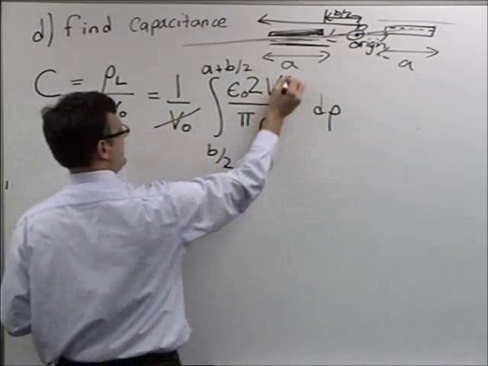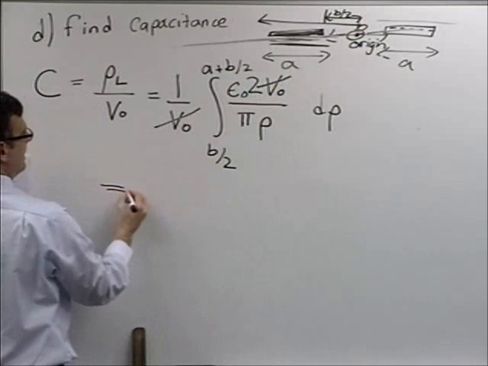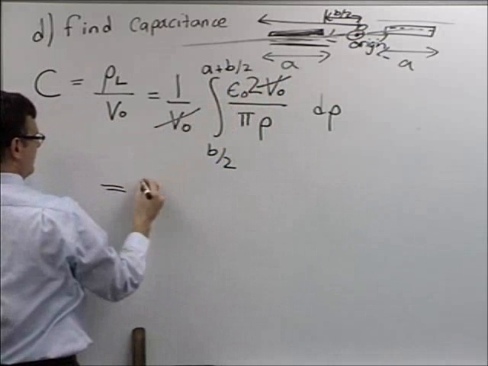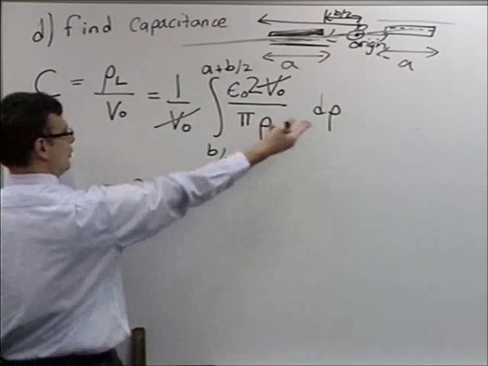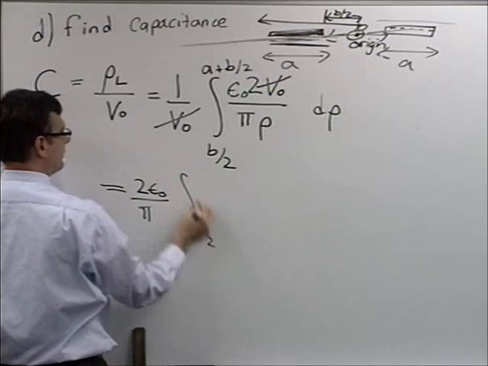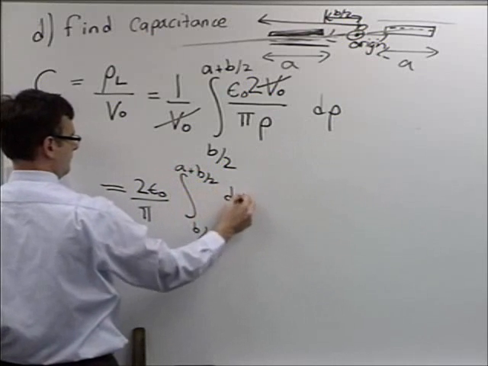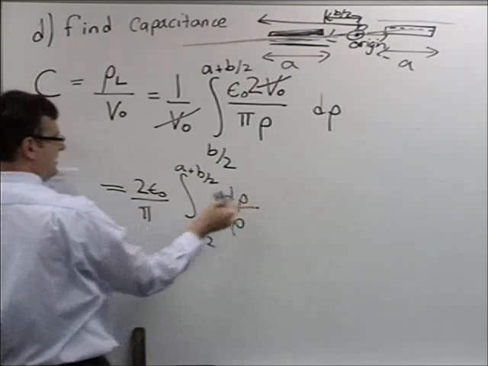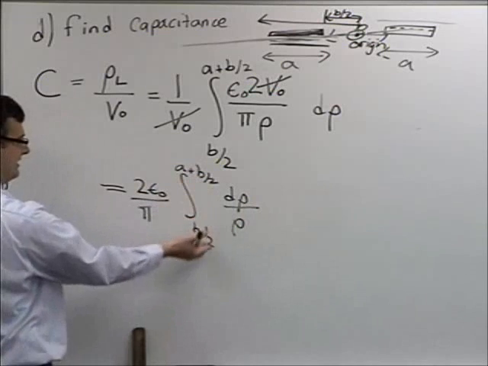The V naughts cancel because they're constants. I can take these constants out of the integral too. I get 2 epsilon naught over pi. I cannot take the rho out because that's what I'm integrating with respect to. The integral of that, of course, is the natural log of rho, and I evaluate it at these limits.